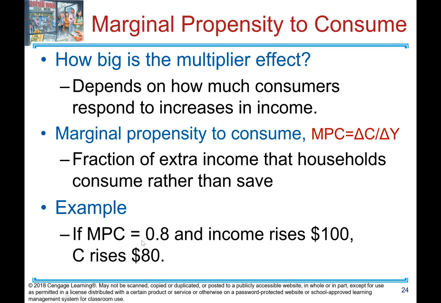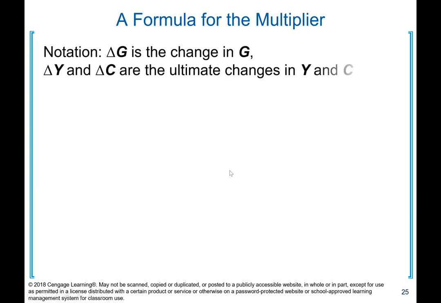For example, if MPC is 0.8 and income rises $100, then consumption will rise $80.